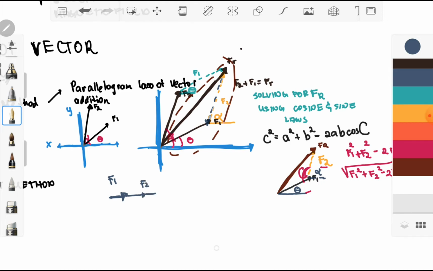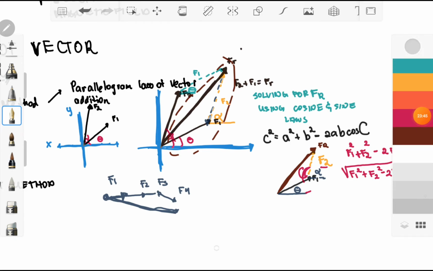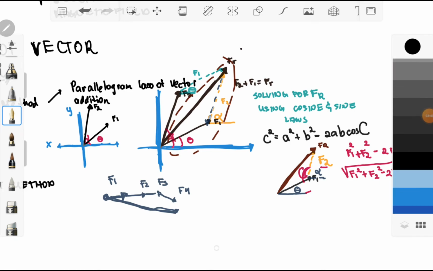It must also touch the tail of your F3, F4, and so on, and it would be closed out by your FR or your resultant from the initial position to its final position. Okay, it must be closed out by your FR.